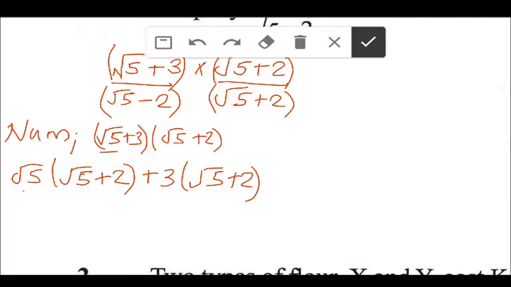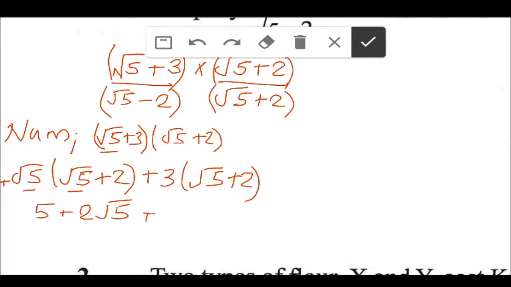Root 5 times root 5 will be root 25, which is 5. Now remember, there's a plus there, although it's not written. So plus root 5 times plus 2 will be plus 2 root 5. All right, moving on to the next one.